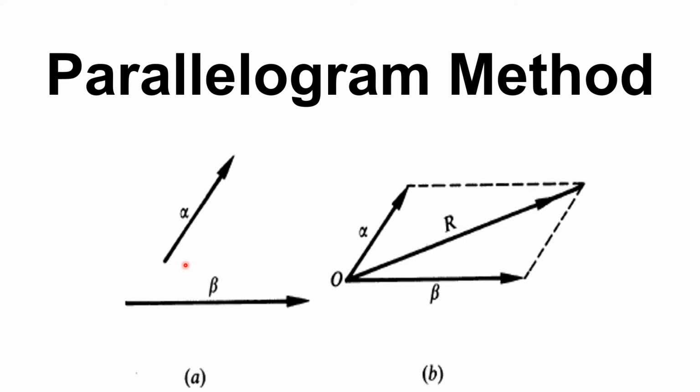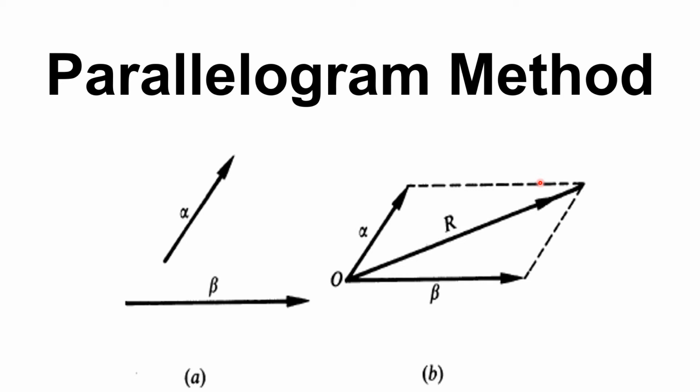You simply place the tail ends of both vectors together at point O, so you connect the tails. As you can see in the second diagram, alpha and beta are connected together at the tails at point O, forming a parallelogram if you project their tail ends.